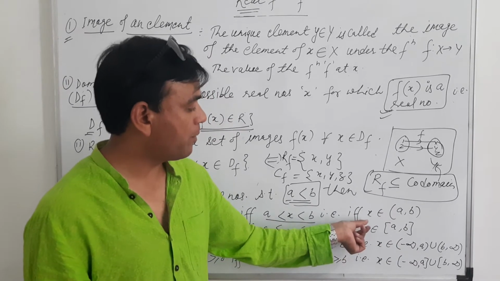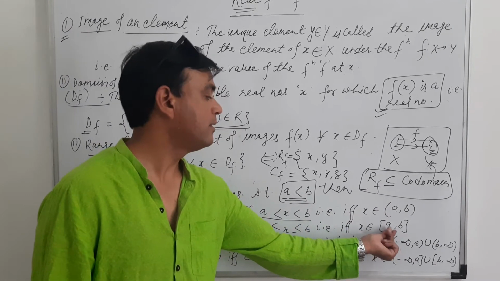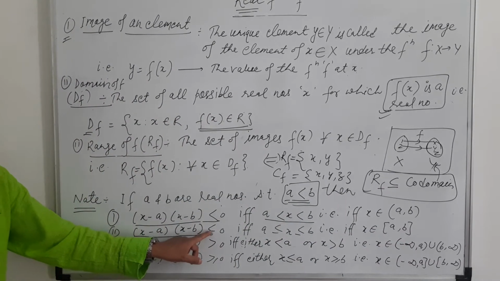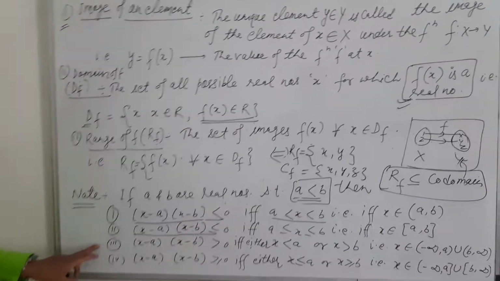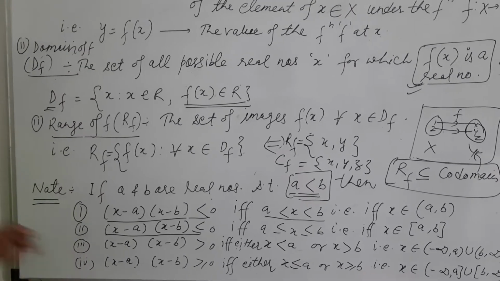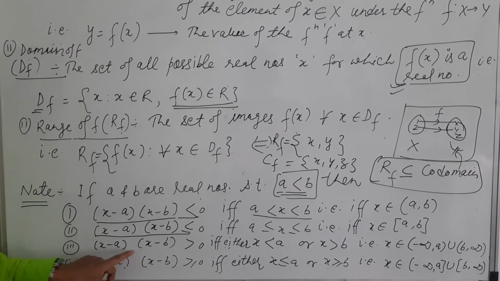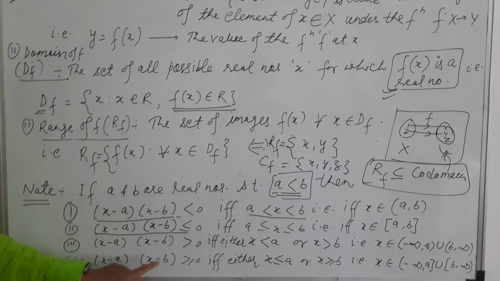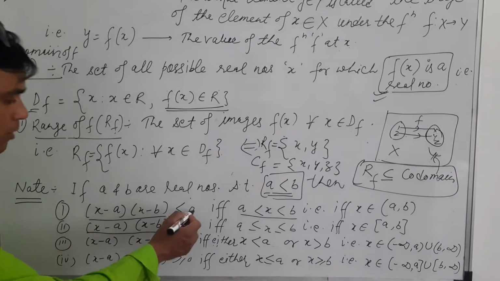It means the value of x will vary within this interval including a and b if less than or equal to is given there. Then in a similar way, the third property is also given there. If x minus a into x minus b is greater than 0, here was less than 0 and here is greater than 0. You have to keep in your mind these two.